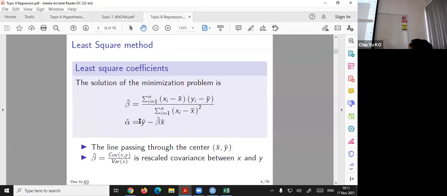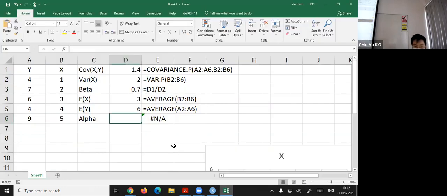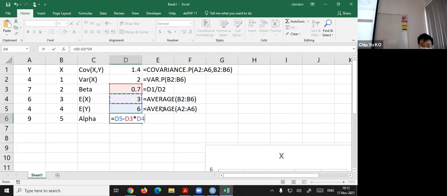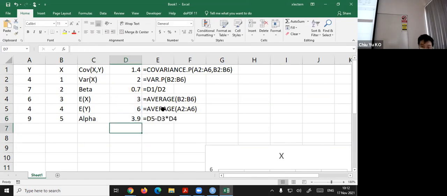It's just the mean of y minus beta times x bar. So basically y bar minus beta times x bar. That gives us the beta and the alpha.